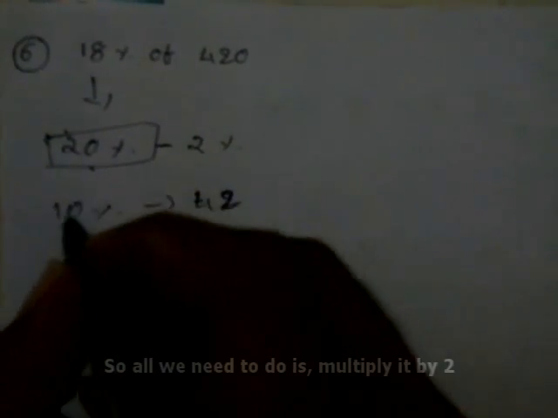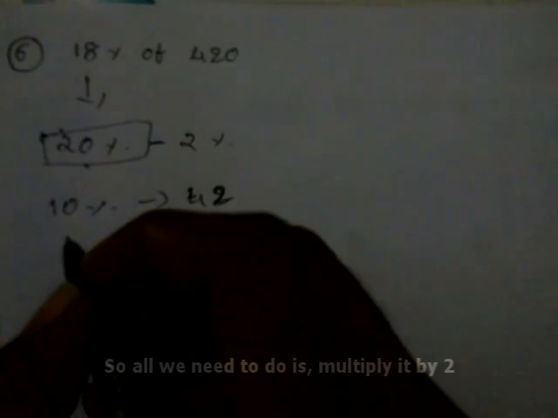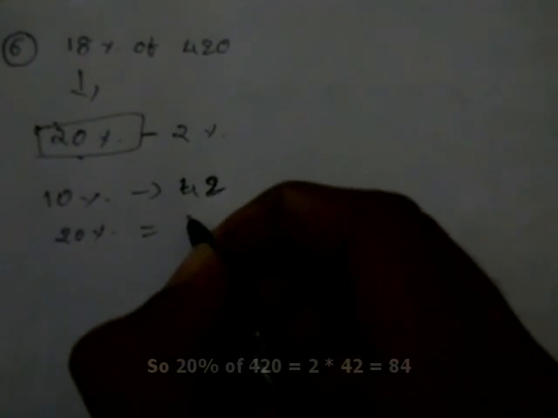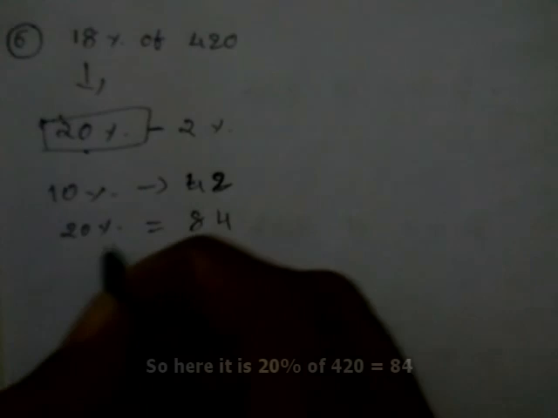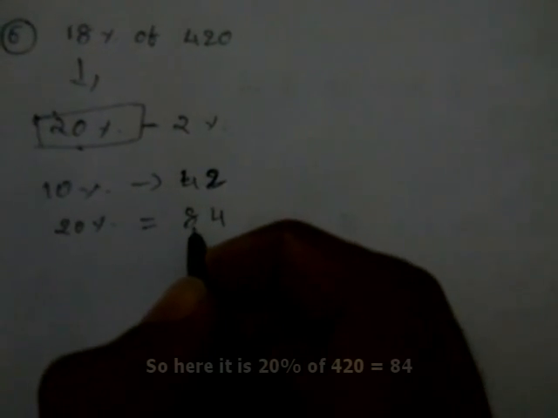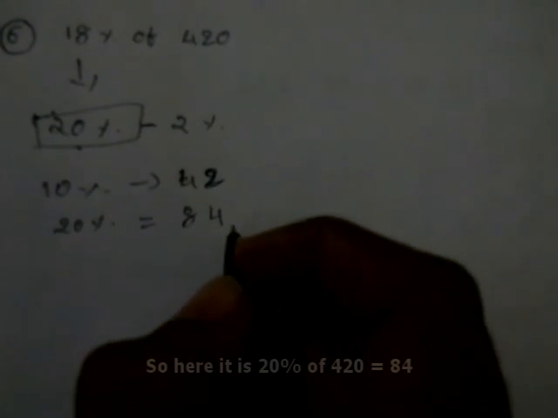So all we need to do is multiply by 2. So 20% will be 2 multiplied by 42, that will be 84. So here it is, 20% of 420 is 84.